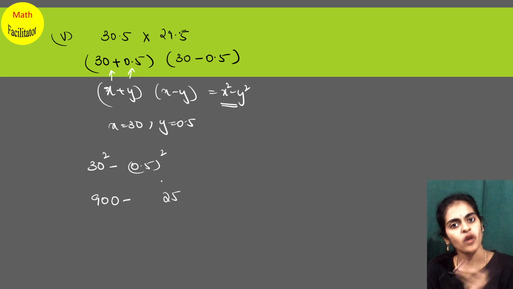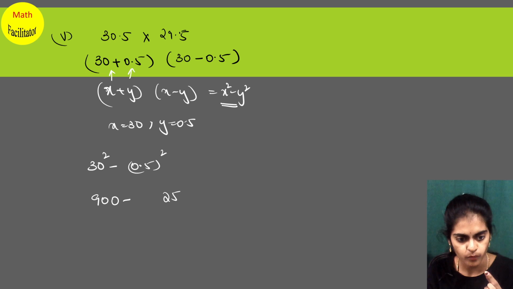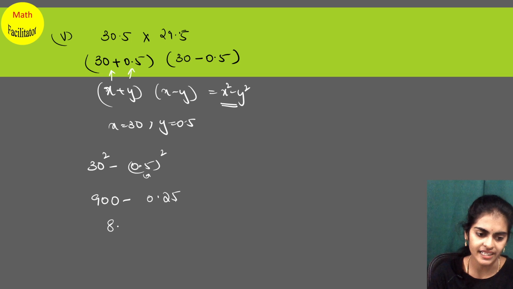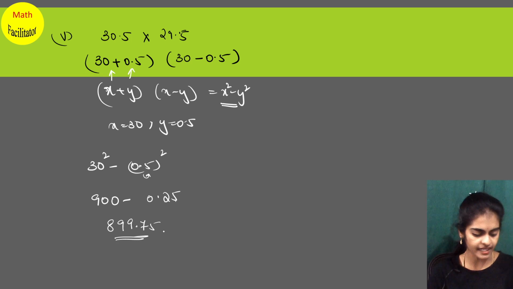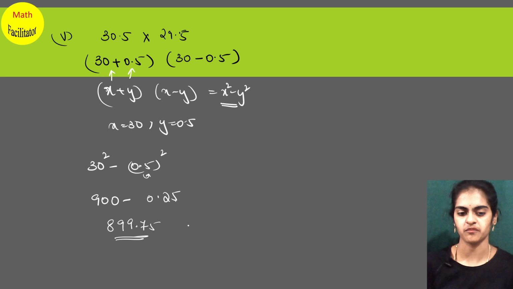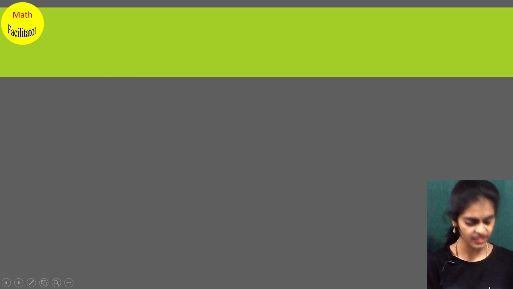Now when you have 0.5 whole square, after the decimal point you have one digit, isn't it, one decimal place? So now you will count two decimal places and put a point. Clear? So it is 900 minus 0.25. You will get it as 899.75. Okay, 899.75 plus 0.25 will give you 900. Clear? So let's proceed to the next question.